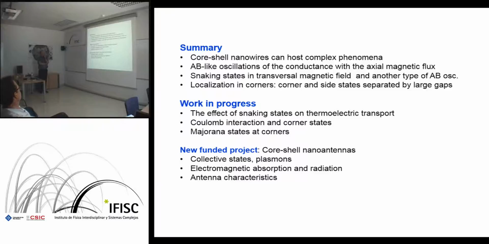And I described Aharonov-Bohm-like oscillations of the conductance with the axial magnetic field, another kind of Aharonov-Bohm oscillations with the transverse magnetic field, and corner localization. And there are other things that we are working on.